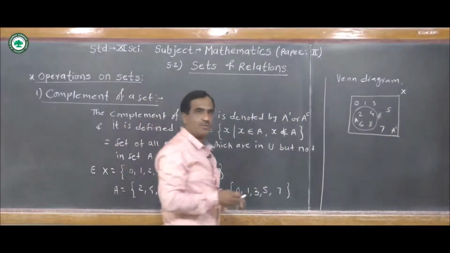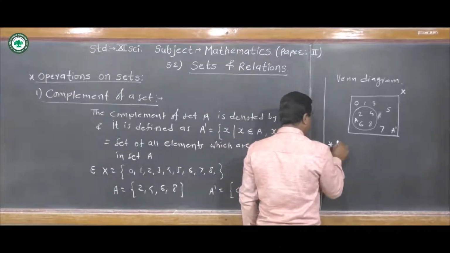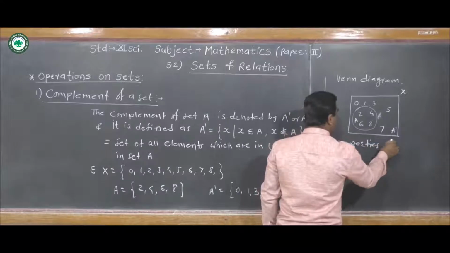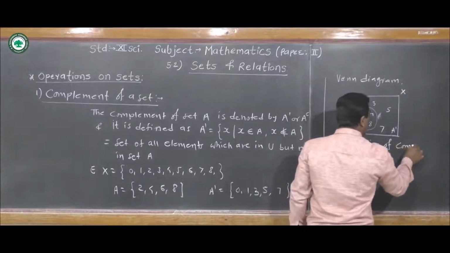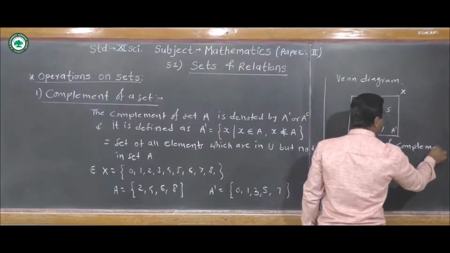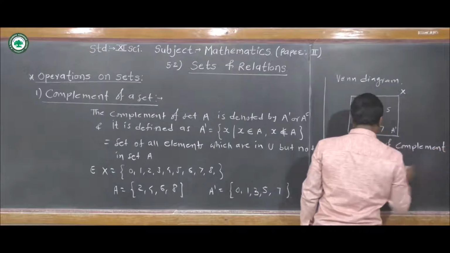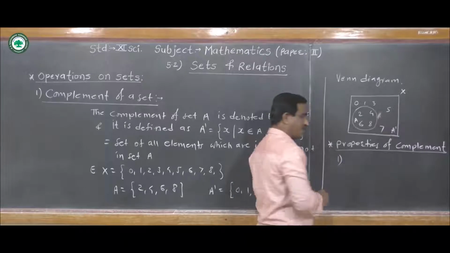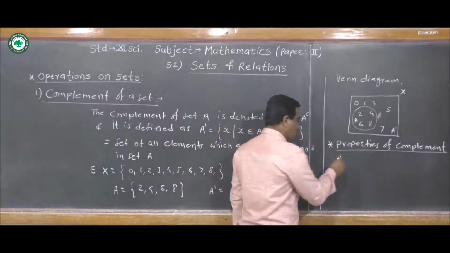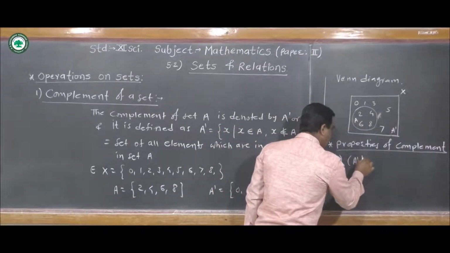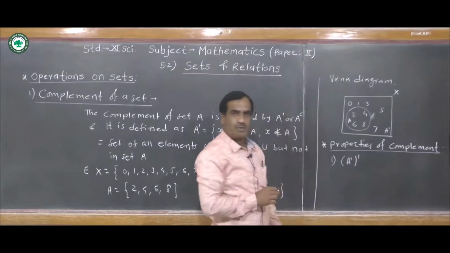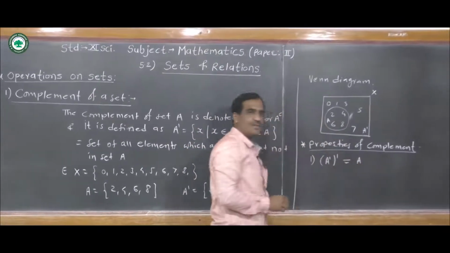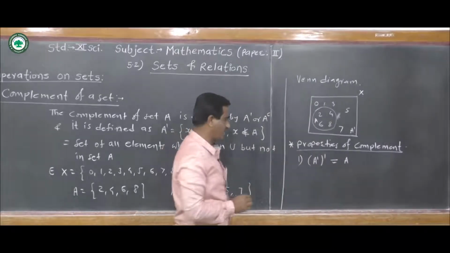Now properties of complement. Let A be any set. Then first property is A dash dash, that is complement of complement, is equal to set itself.